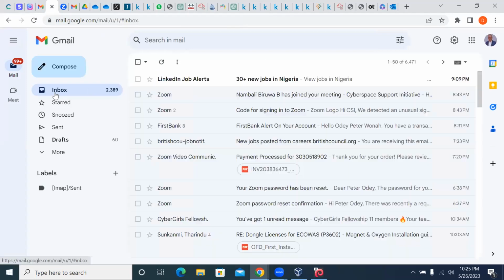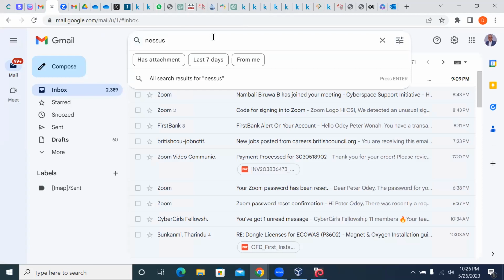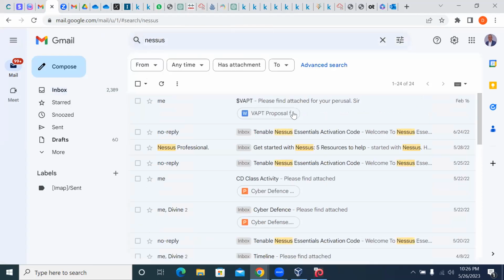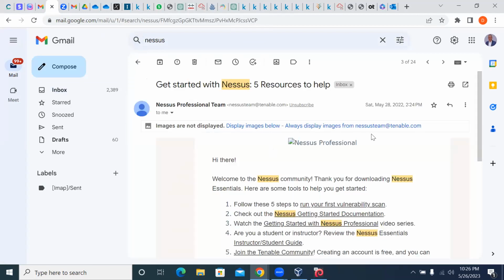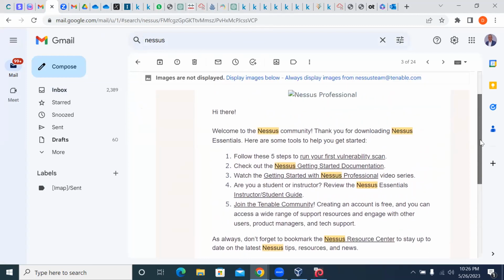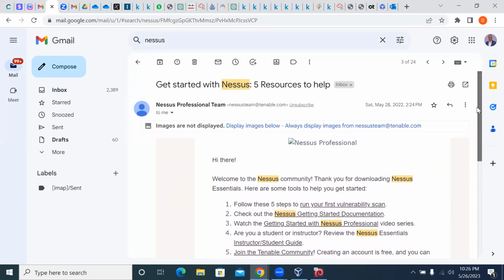If you're trying to steal information from my email, please don't steal information from my email, right? So let's do that. Let's see Nexus. I still have Nexus. Okay, let's see if this can still work. So this is one of the ones I requested from them initially.